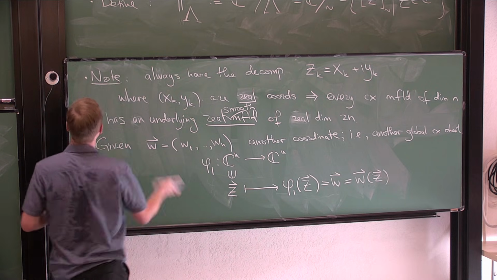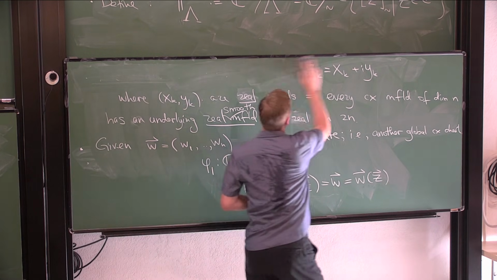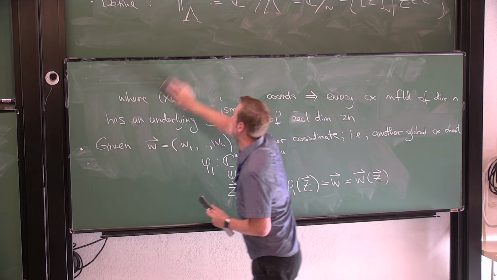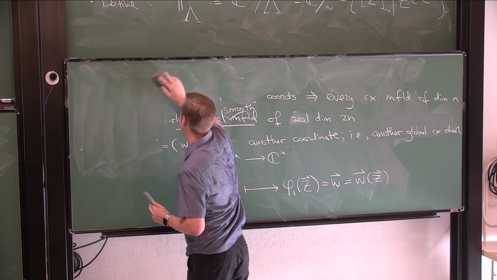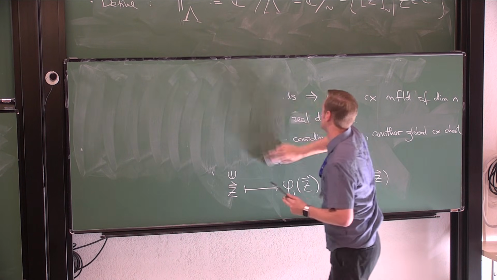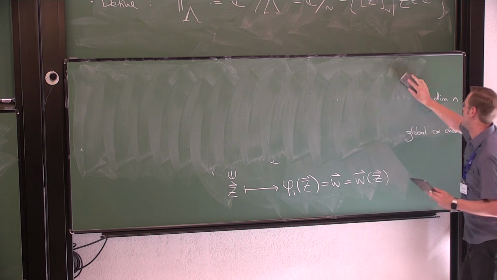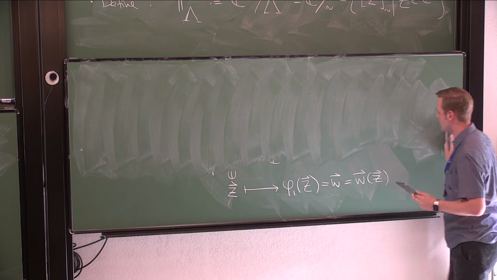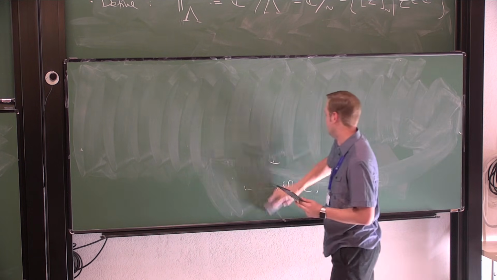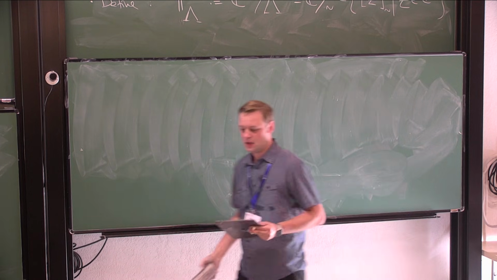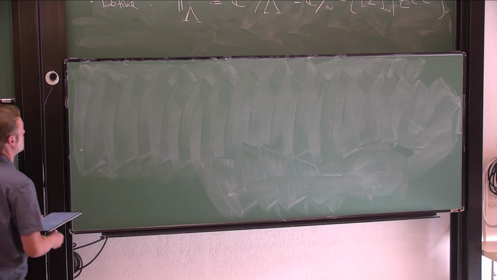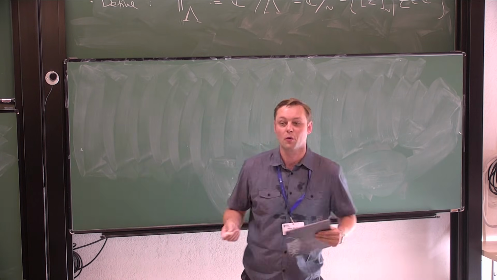Okay, so let's draw some pictures. Let me just focus on the case n equals 1. That one's the simplest, and will also tell you exactly why I call this a complex torus.